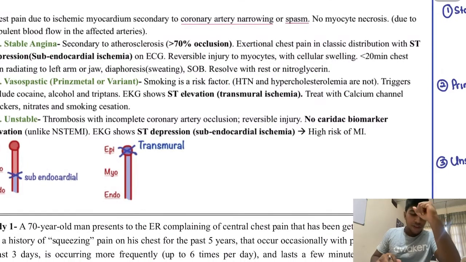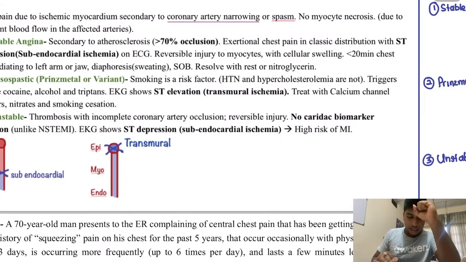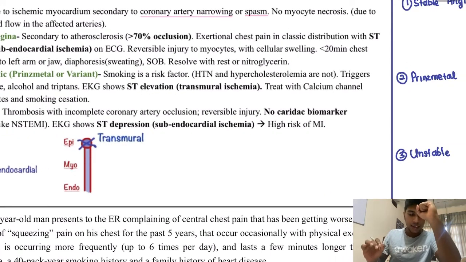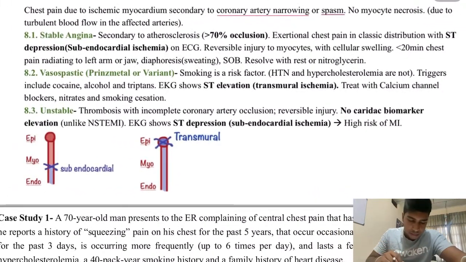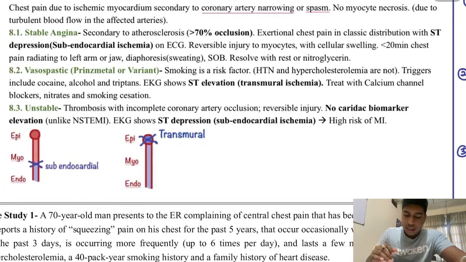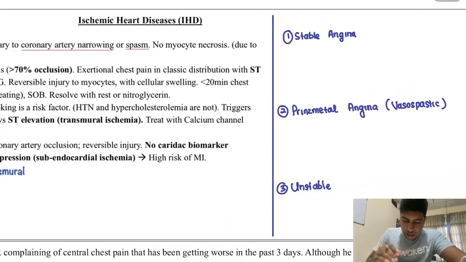That type of angina, another name is Prinzmetal angina, vasospastic angina. The risk factor is smoking. You get this in people with a history of smoking. Hypertension and hypercholesterolemia are not.